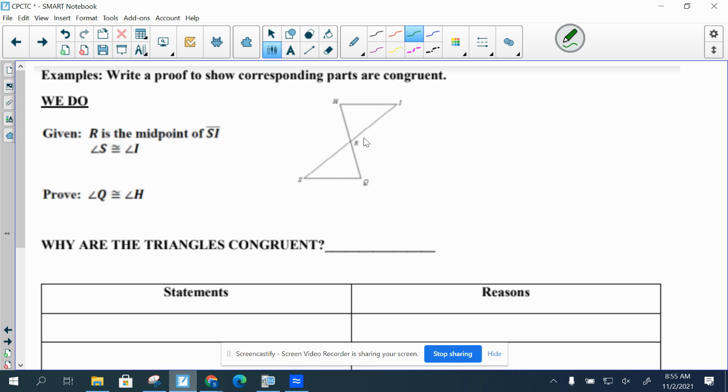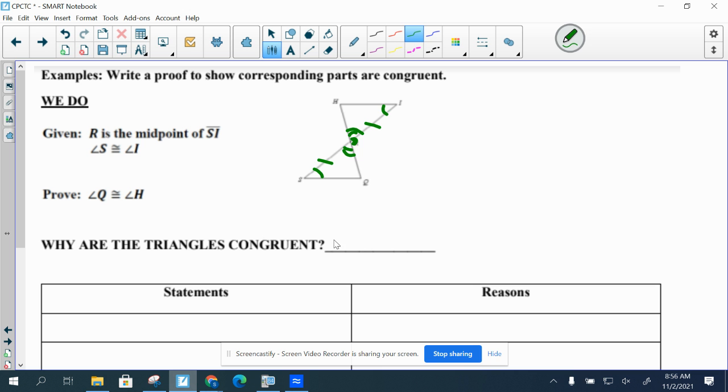If R is the midpoint of SI, then we can mark SR congruent to RI. And also we know that angle S is congruent to angle I, so we mark that. We also have vertical angles, so you can mark those congruent.